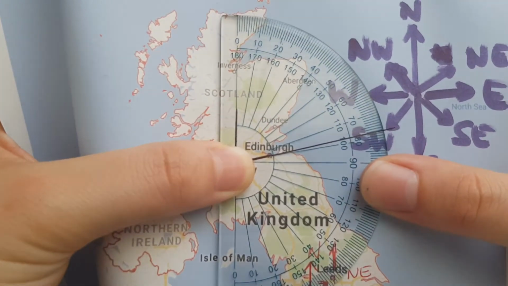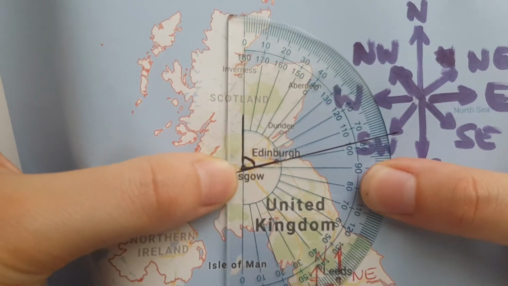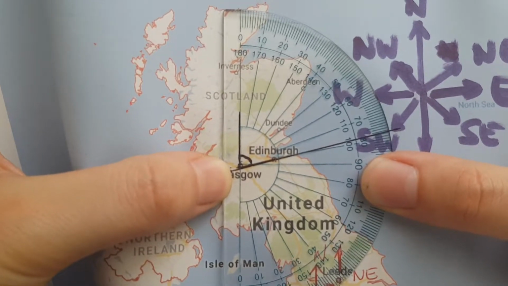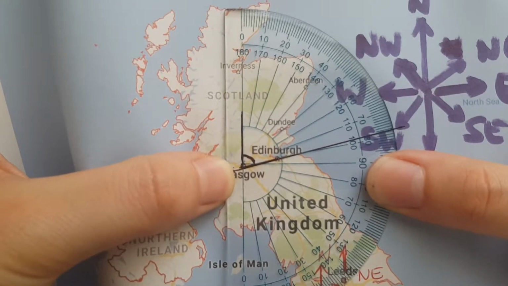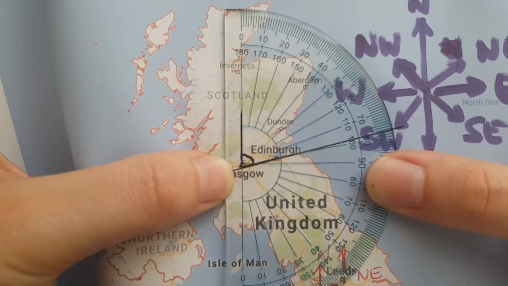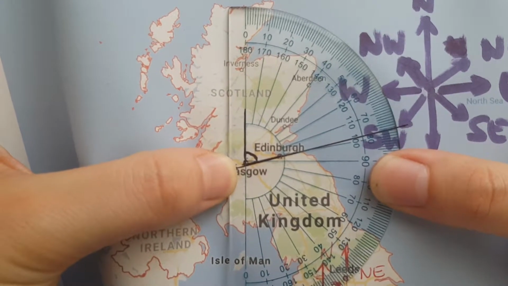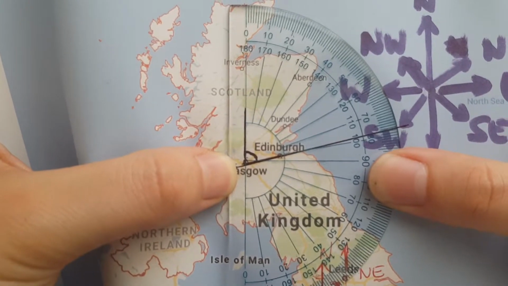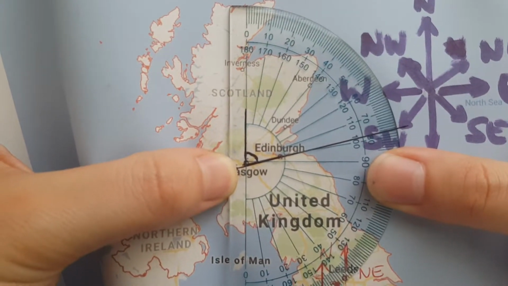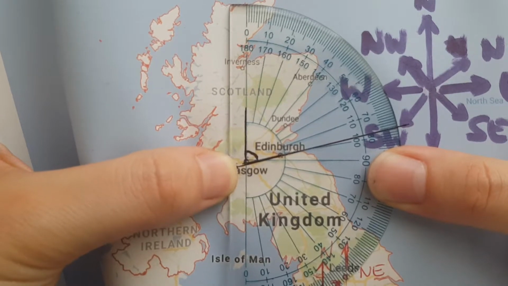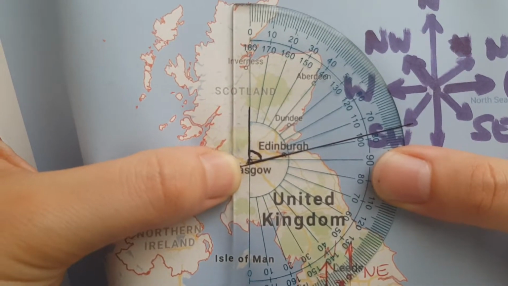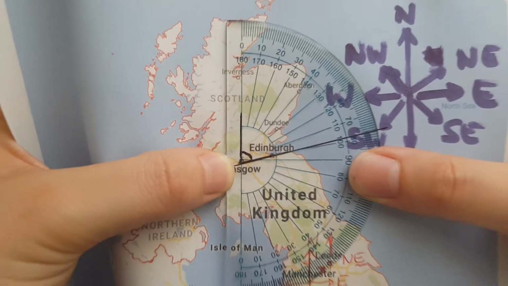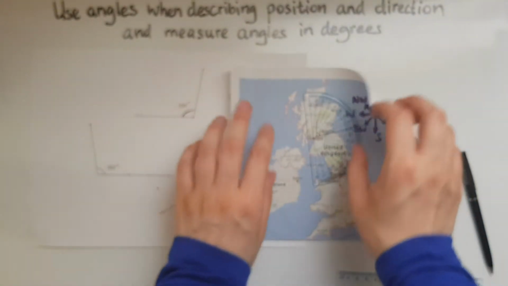As you can see, we have 0, 10, 20, 30, 40, 50, 60, 70, not 80 yet, but 75, 76, 77. I'd say this is closer to 77, so this is about 77 degrees.